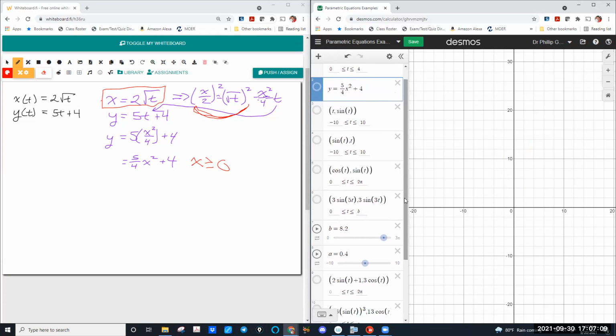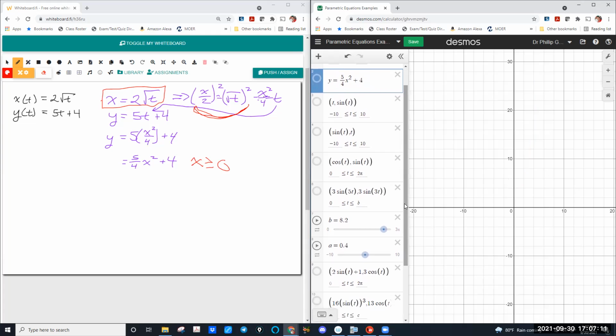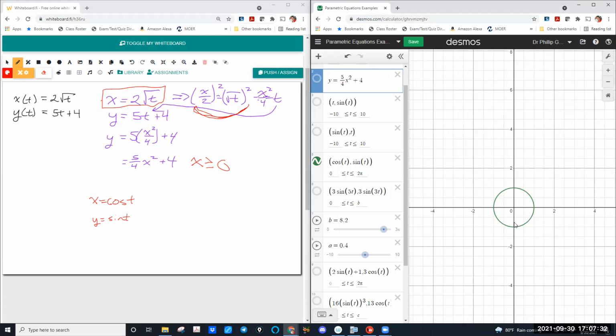What I'll tell you is you guys have actually seen parametric equations before. They may not have been called parametric equations, but you've seen the parametric equations x equals cosine of t, y equals sine of t in trigonometry, which creates our unit circle, a circle with radius 1.